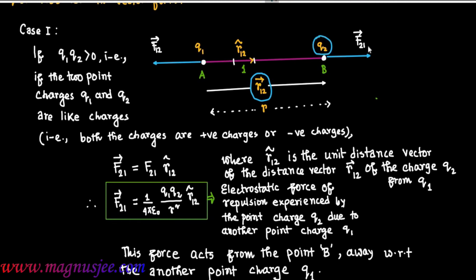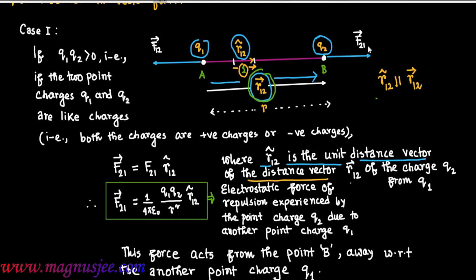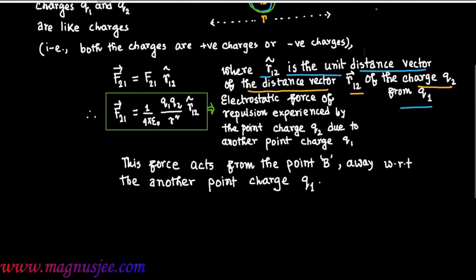Vector r12 acts from A to B along AB, and r12 cap is the unit distance vector of vector r12 having magnitude 1. r12 cap acts parallel to AB. That means r12 cap is parallel to vector r12; the unit distance vector is parallel to its vector.